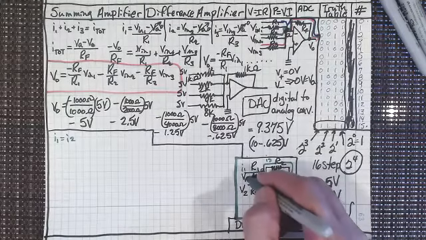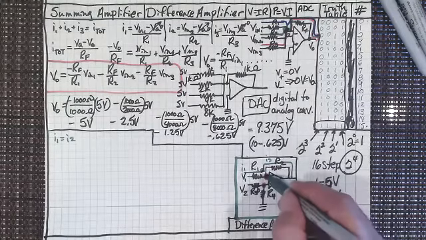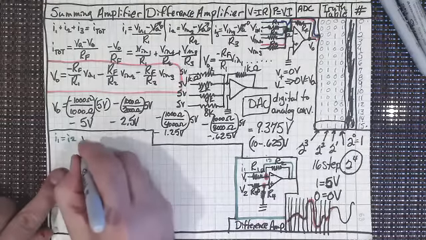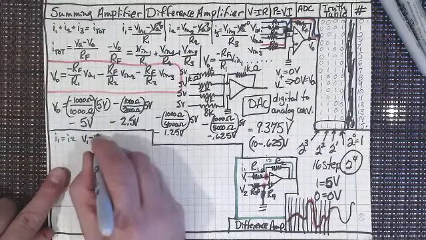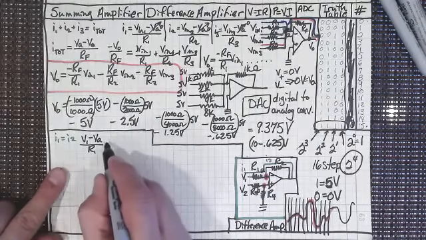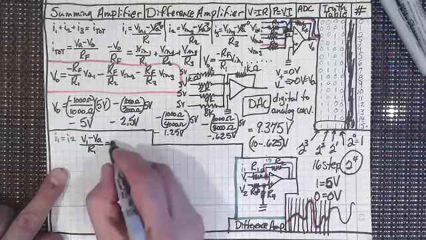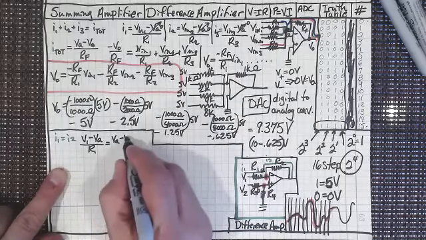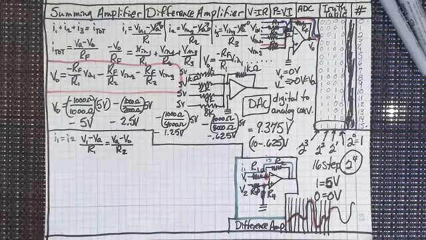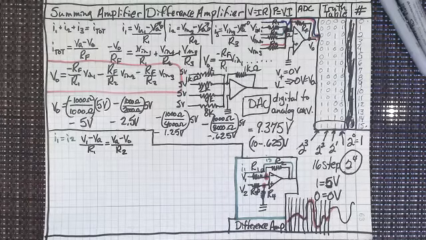Then we know that V1 minus V sub A, divided by R1, has got to equal V sub A minus V out, divided by R2. Does everybody see that? I think that's pretty straightforward, and in fact all of the analysis at node A is pretty straightforward.